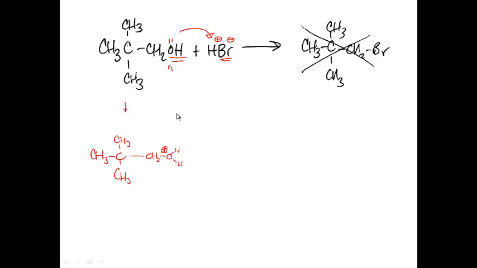Now the problem here is that this tertiary butoxide, this is actually a tertiary butyl group, is going to block the nucleophile from coming in and kicking off the water.